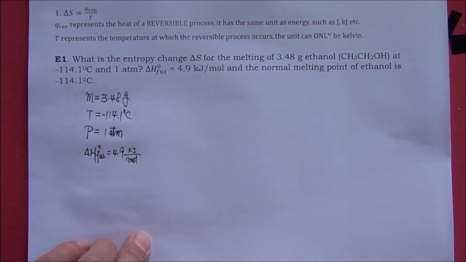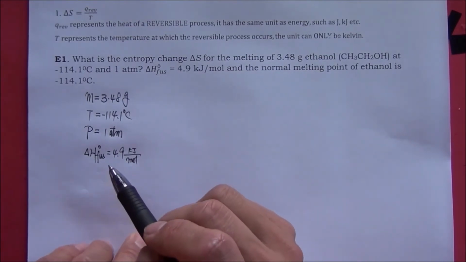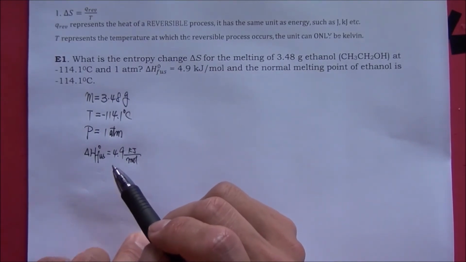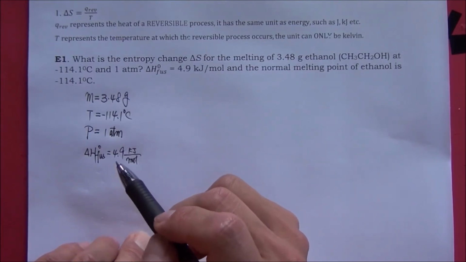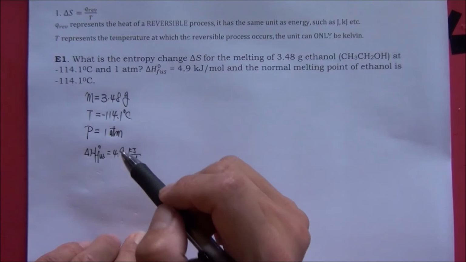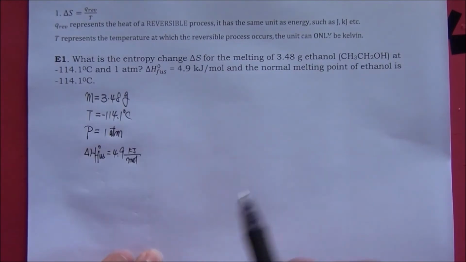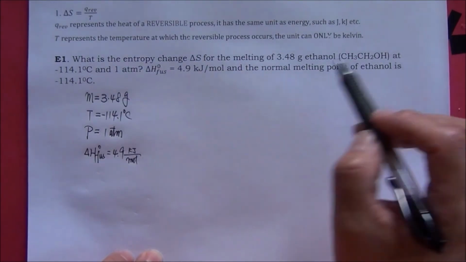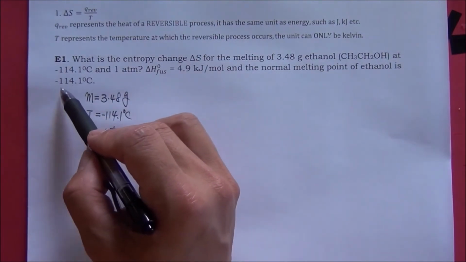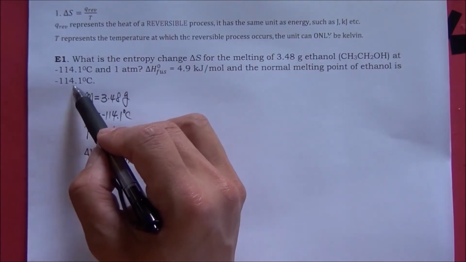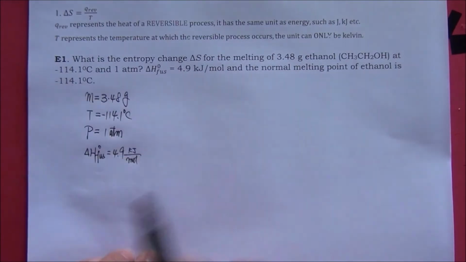Next, we will conduct some analysis. During this step, we will try to find any hidden information, and also we want to find out what kind of calculations we need in order to find a solution for our problem. Sometimes you need to read the problem again. When we read, the normal melting point of ethanol is negative 114.1 degrees Celsius.